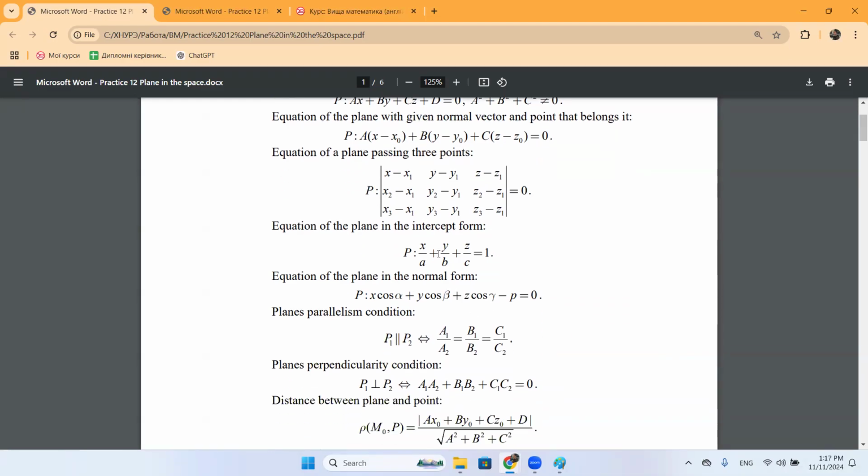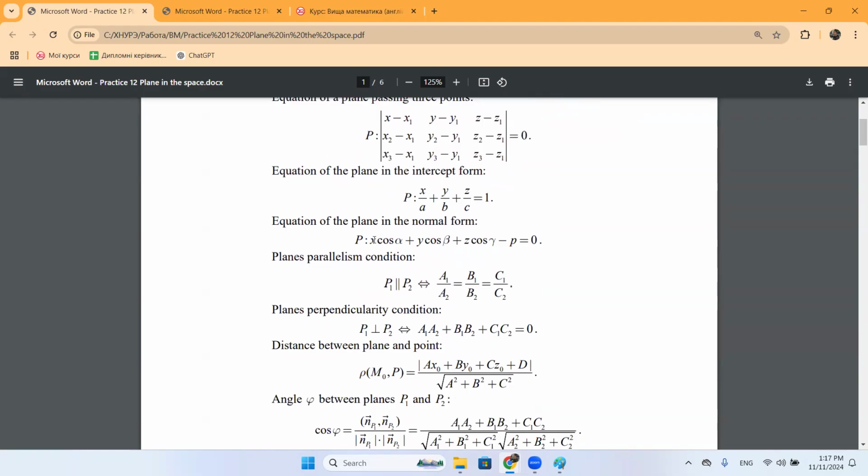Here is the equation of the plane in the intercept form, analogous to the equation of the straight line in two-dimensional space. So A, B, and C are intercepts of the plane on the coordinate axes.